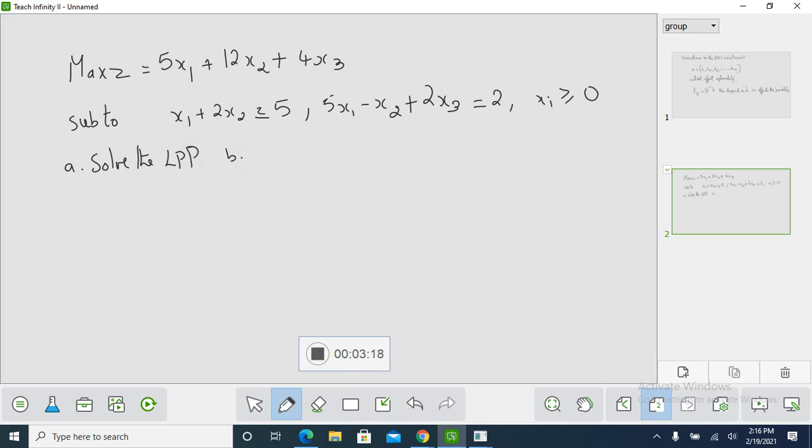Then secondly, discuss the effect of changing the requirement vector. Requirement vector means B.